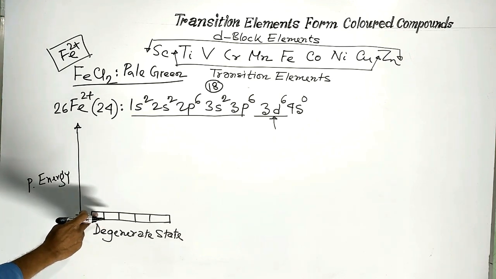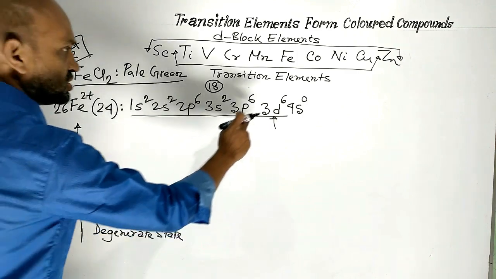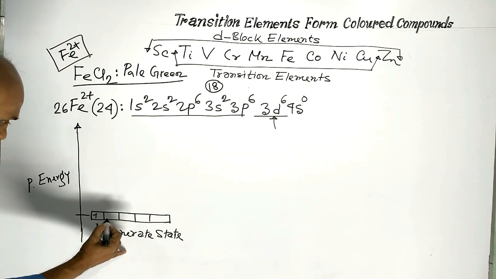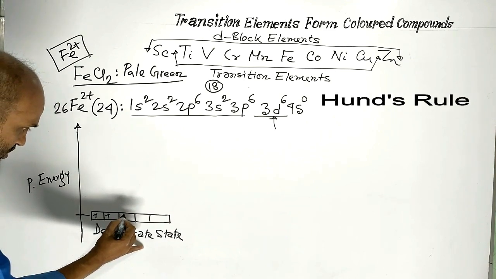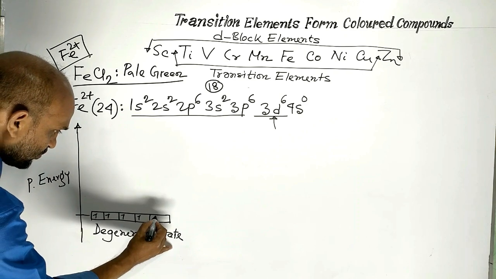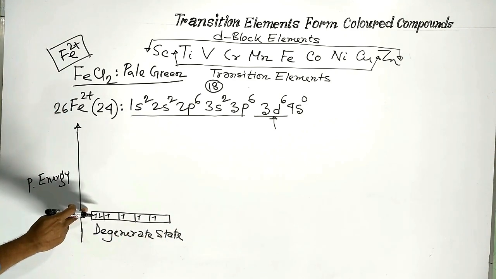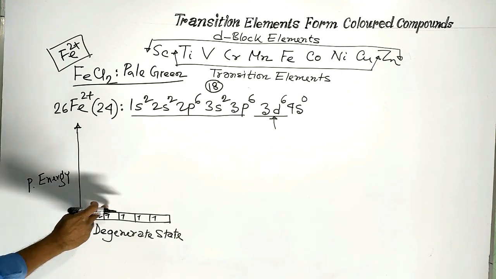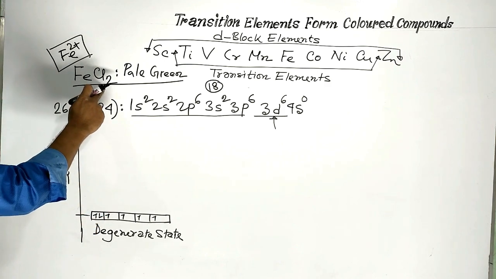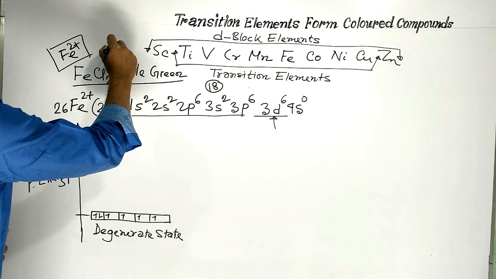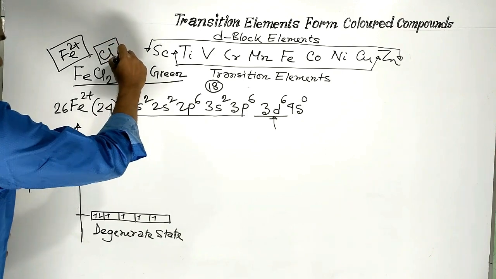Now, these d orbitals contain 6 electrons. Electrons are distributed according to Hund's rule: 1, 2, 3, 4, 5, then the sixth as paired. This electron distribution is according to Hund's rule. Now, role of anion or ligand. Here, anion is chloride ion.